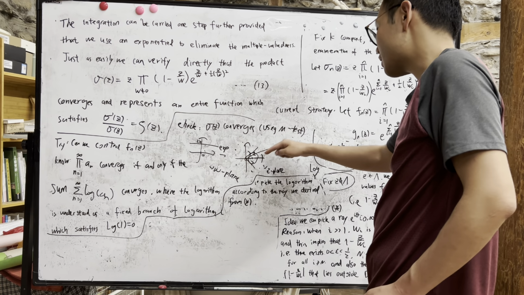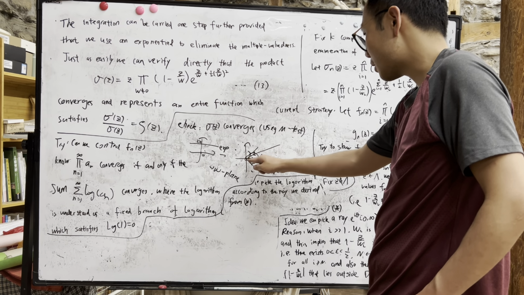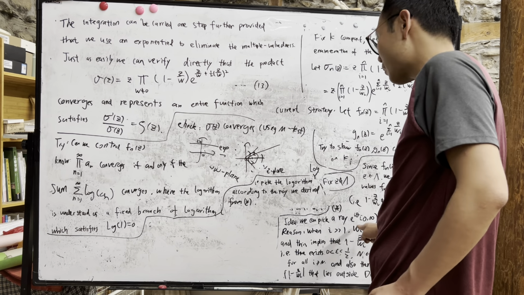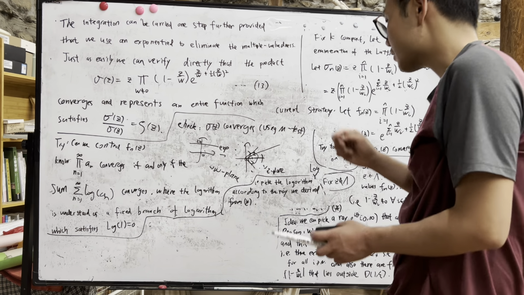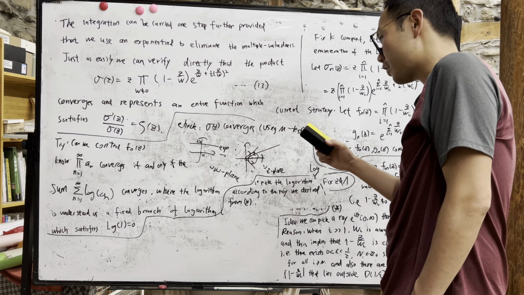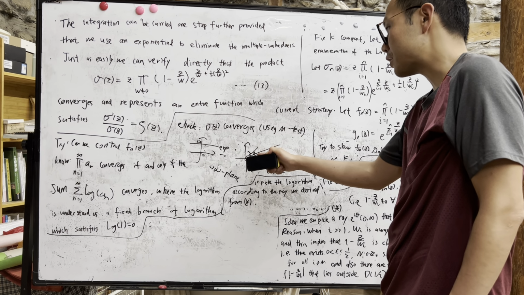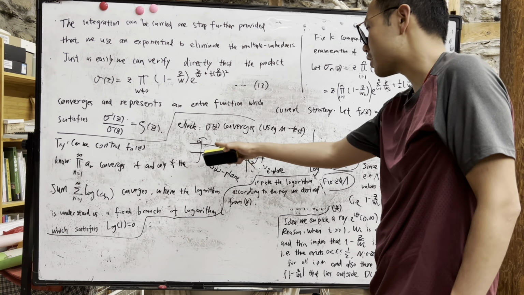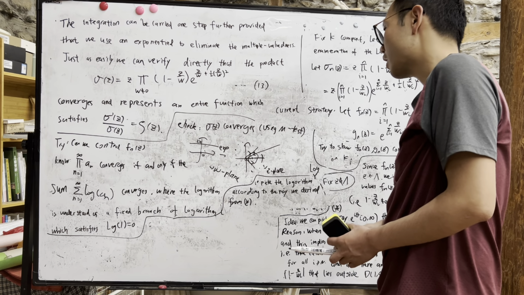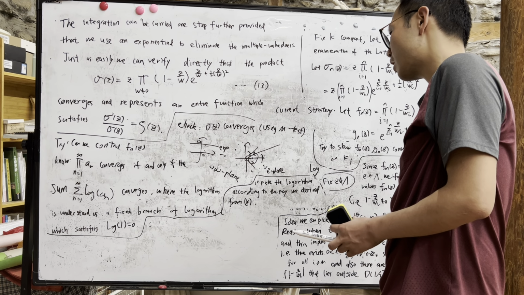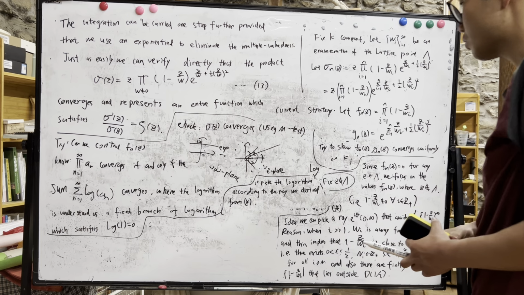The domain of the log is just C take away this ray. And the second thing is that for each of the values on the log, we need to pick what is actually the angle that we want it to sit on.